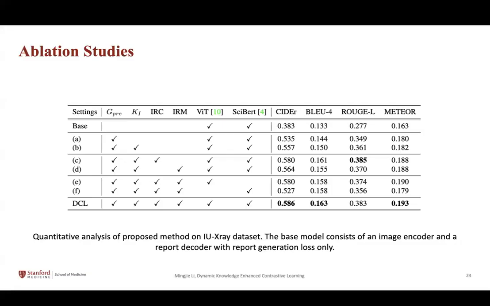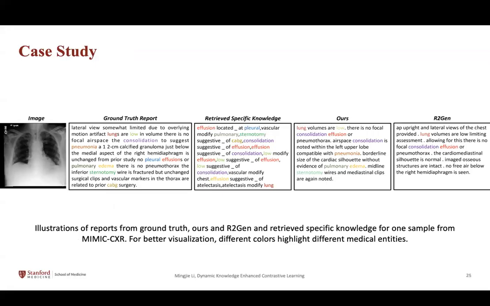We found this performance improvement may be due to the dynamic knowledge inferring keywords when generating reports, since dynamic nodes are from retrieved reports. We can also find that if we compare settings B and C, we can see how the IRC and IRM losses boost the base model performance.